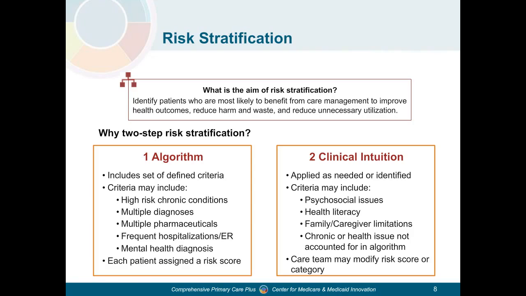I think the thing, especially for Track 2 practices, but even for Track 1 practices, to think about, and the evidence is there for this, is that when you add a second layer of what we call clinical intuition, that means that your teams look at their list of stratified patients in order of highest to lowest risk, and they look at, let's say, the top 10%, and they take the time, and this actually takes less time than you think it might.